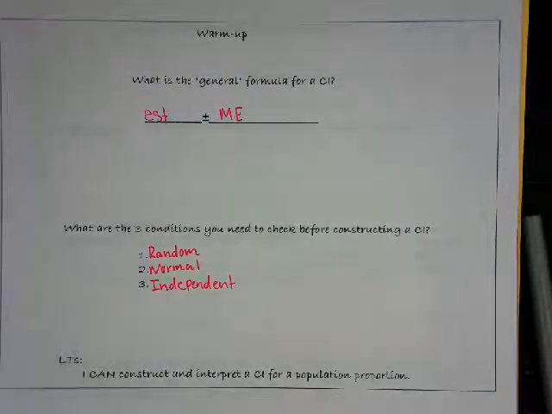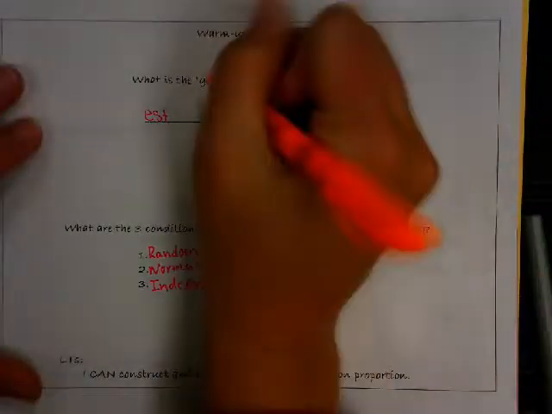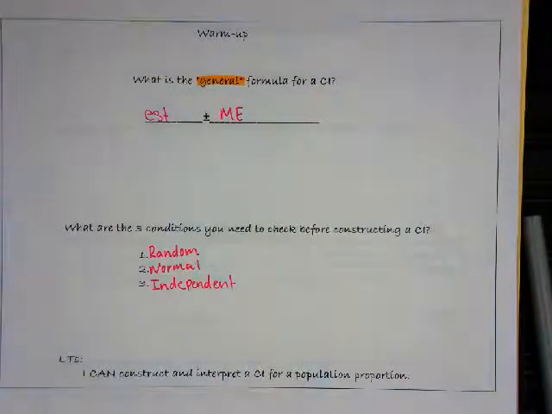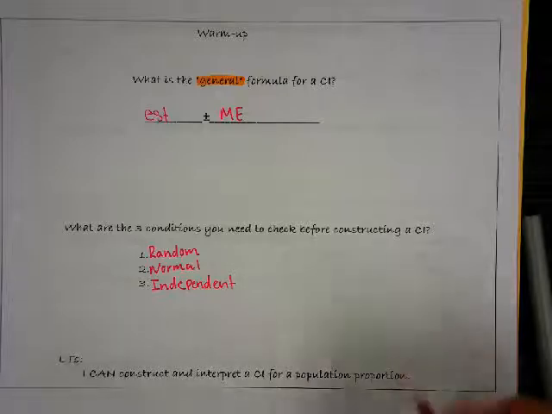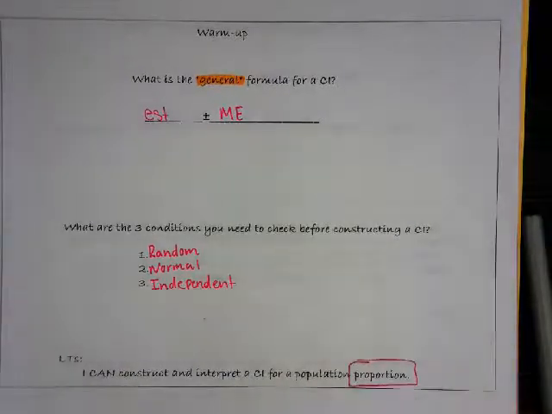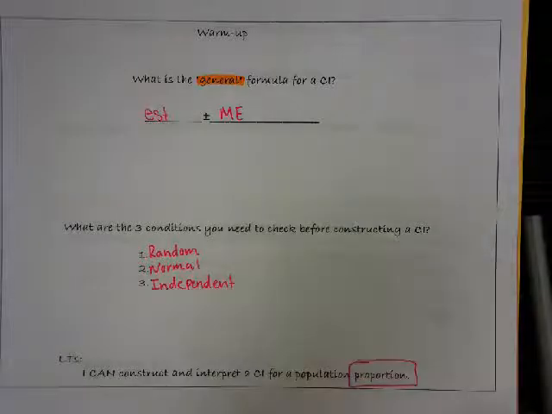So I just asked for the general formula, which is your estimate plus or minus the margin of error. Today, we're going to focus on proportions. So our confidence interval, our estimate we use is p hat.